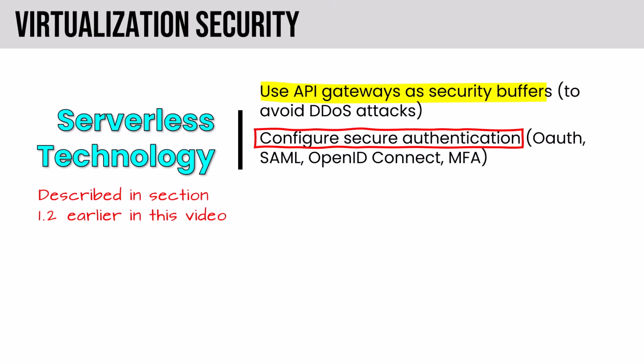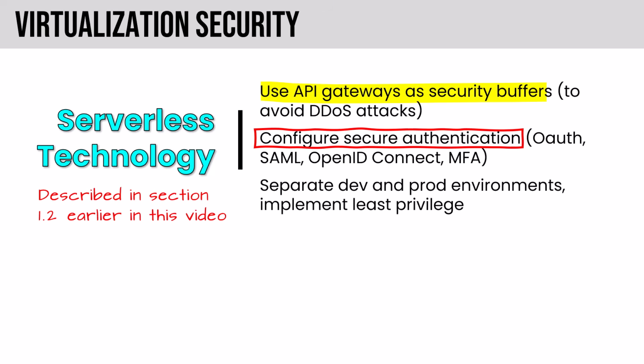And we want to configure secure authentication, whether that's OAuth, SAML, OpenID Connect. We might use multi-factor authentication if it's an endpoint being accessed by a person directly. We'll want to separate our development and production environments, implement least privilege. So some pretty standard security practices here, but applied in the serverless context.